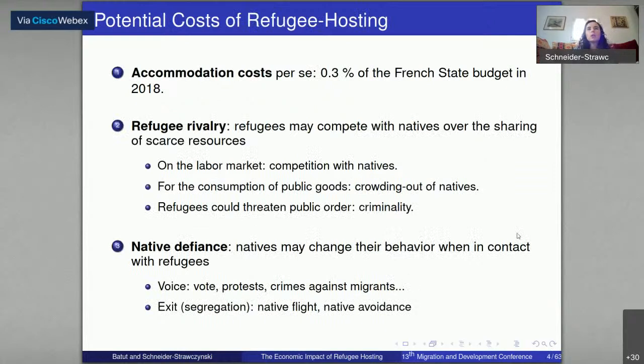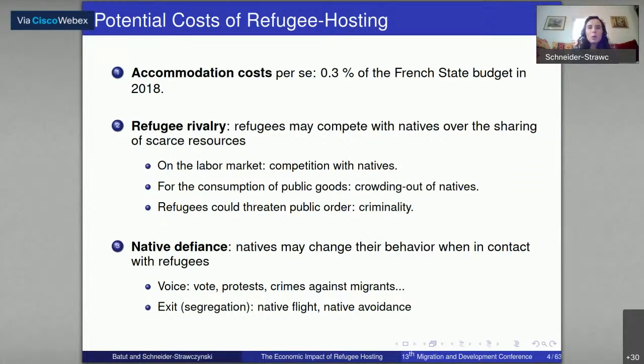And actually, when we think of refugee hosting, there are several potential costs. First, there is the accommodation cost per se. It accounts for 0.3% of the French state budget in 2018. And then you can also have potential costs from what we will call refugee rivalry, that is the fact that refugees may compete with natives over the sharing of scarce resources, such as public goods or jobs.